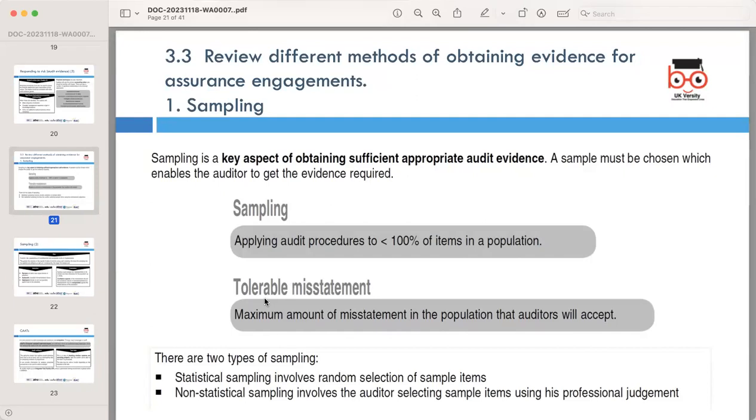We have statistical sampling where we randomly choose, and non-statistical sampling where we use our judgment. Tolerable misstatement helps us decide how much difference is okay. And remember, we don't need to check every single thing. As we said earlier, we just need to be smart about how we pick our samples.